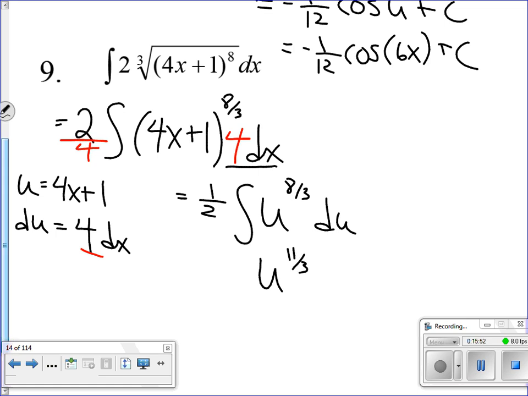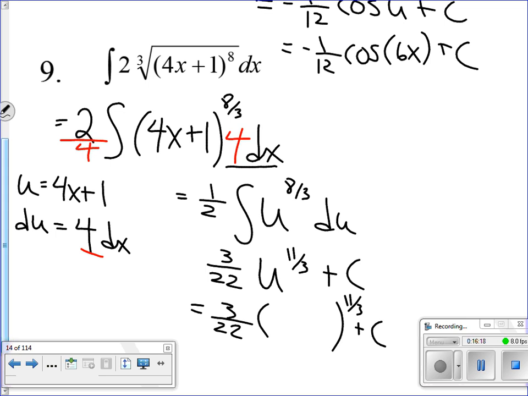So we have to multiply by 3 11ths. 3 11ths times 1/2 is 3/22. Beautiful. And now we just got to put it back. So we're going to convert it back to x's. And I think I'm just going to leave it like that instead of writing it in radical form. 4x plus 1.